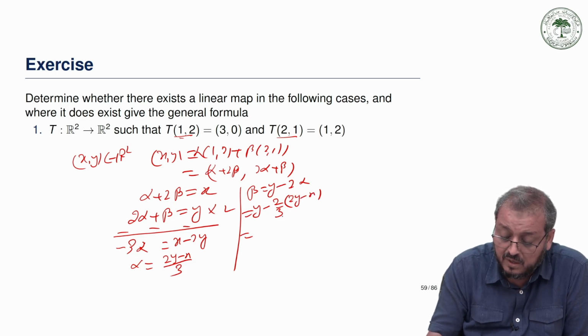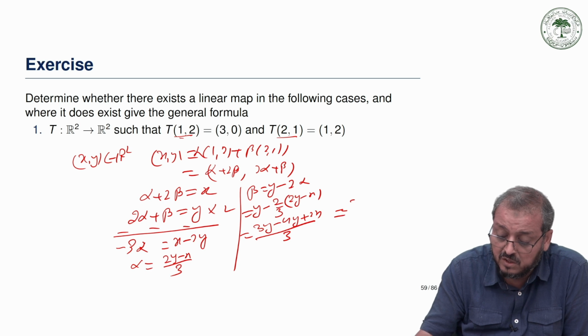So you take beta is equal to (3y minus 4y plus twice x) by 3. So this is equal to (twice x minus y) by 3.